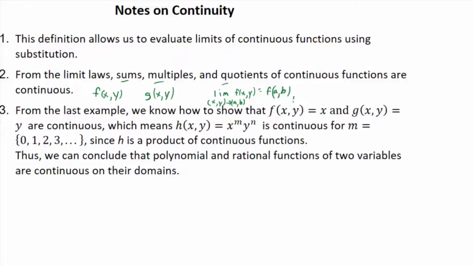Similarly, the limit as (x,y) approaches (a,b) of g of x,y is equal to g of (a,b) if g is continuous, right?